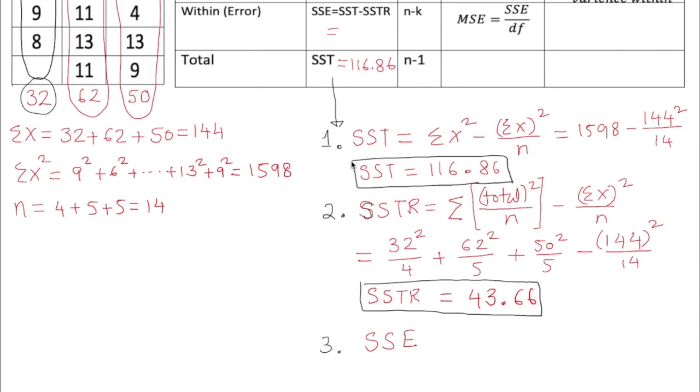SSE, in other words, the within sum squared. So what is that SSE? It is the difference between the total sum squared, SST, minus the treatment sum squared. We already have the total, which is 116.86 minus 43.66.